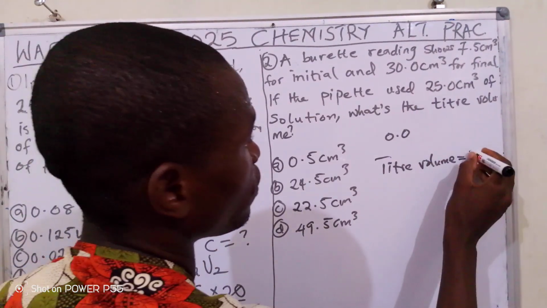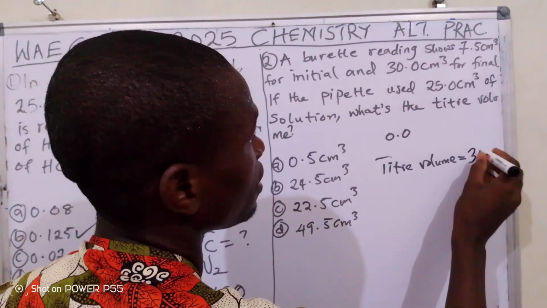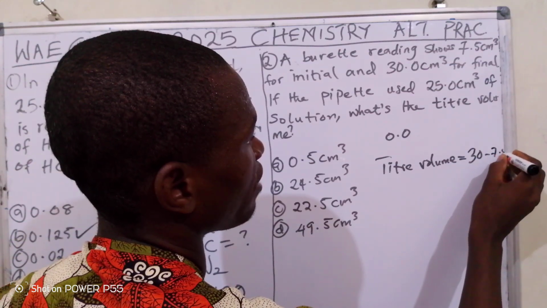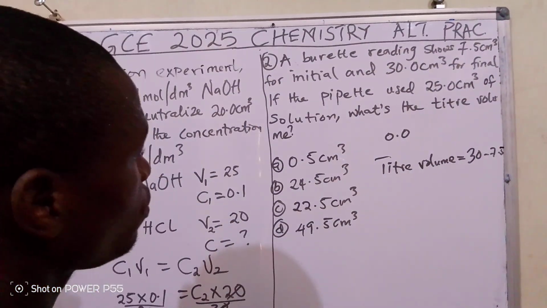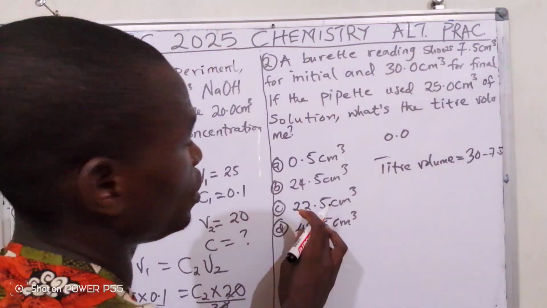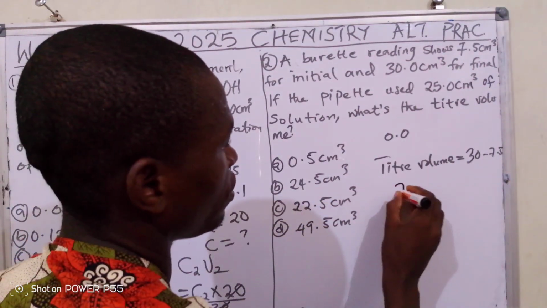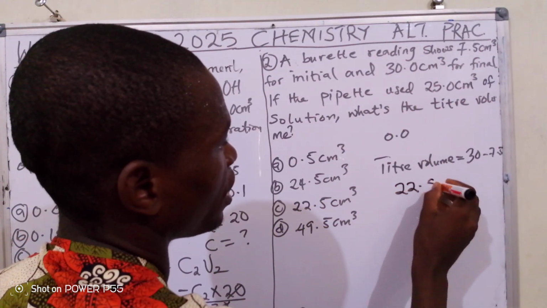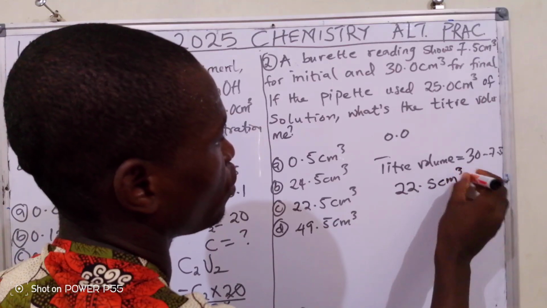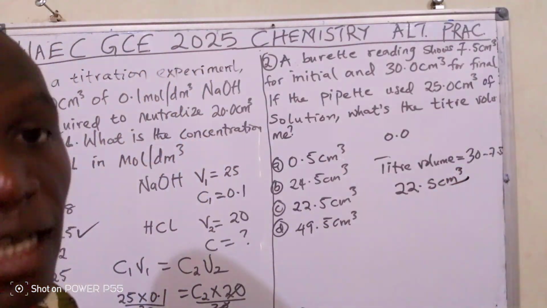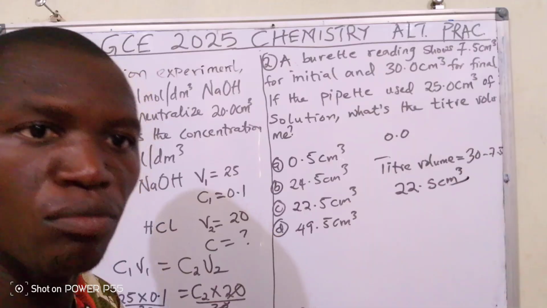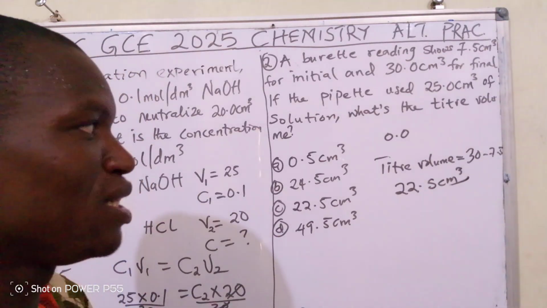So this will give us 30 minus 7.5, and this will give us around 22.5 centimeter cube as the final answer. Is this not simple? Very simple, but if you don't know, you may not be able to answer this.